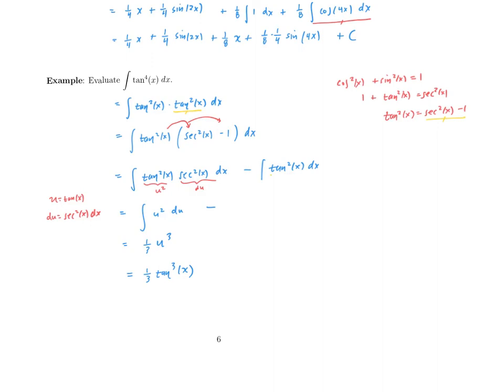We are going to rewrite this tangent squared in terms of the Pythagorean identity we see to the right. So we can write this as secant squared x minus 1. And note, individually, we can anti-differentiate each term. An antiderivative of secant squared is tangent, and an antiderivative of 1 is x. Distributing the minus sign, we have our solution.